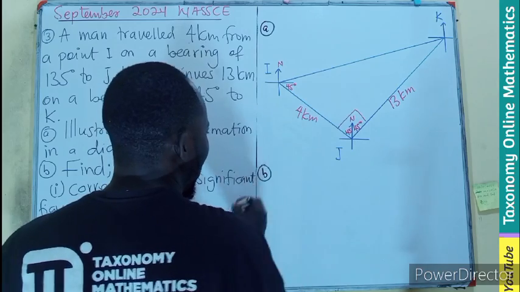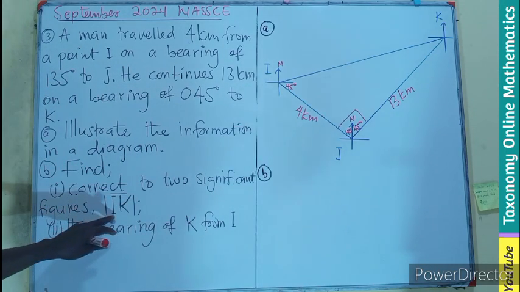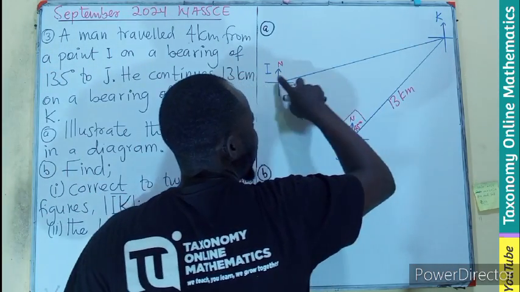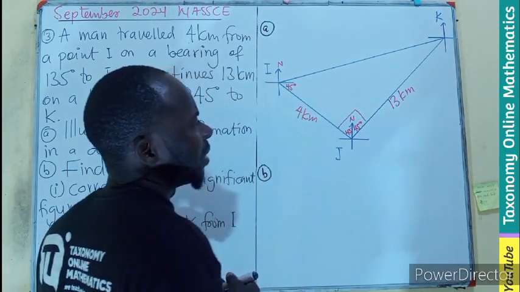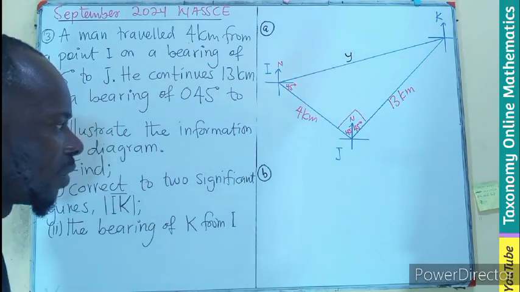Let's focus on question B. We have to find the length IK. From here to that place, let's label that as Y. So we are looking for that.